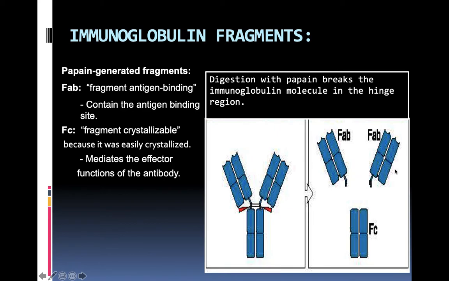So you will produce your Fab region containing the antigen binding site here, and you have your fragment crystallizable region. It's called fragment crystallizable because it can easily be crystallized. That's the reason why it was given the moniker crystallizable.